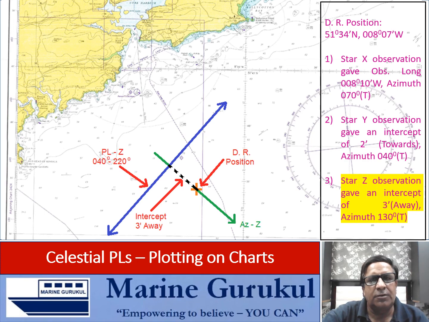That position through which PL has to be drawn needs to be identified on the chart. Once we have got that point on the chart, then the PL will be drawn through that point, and the direction of the PL shall be perpendicular to azimuth. So that is the process that shall apply to all celestial position lines.